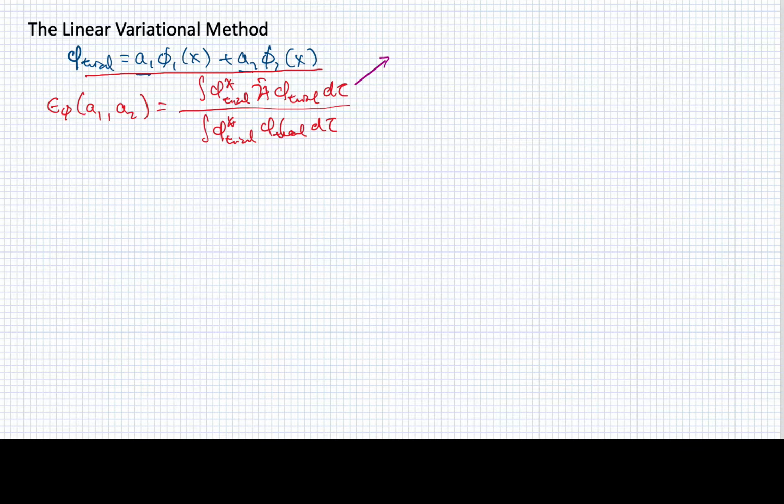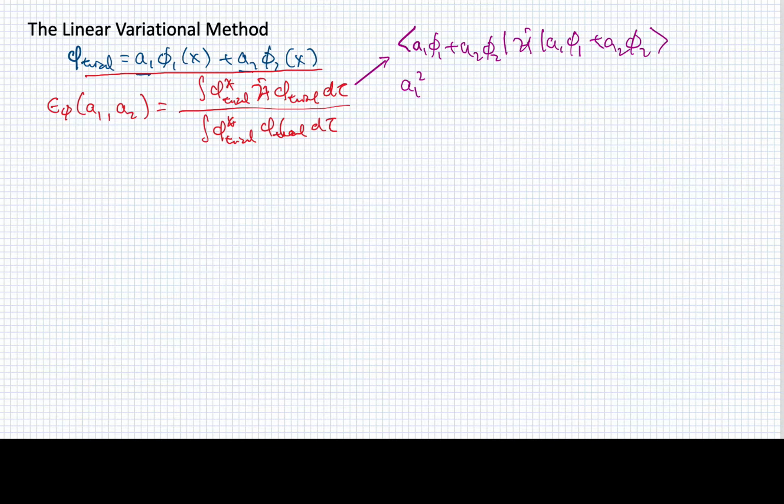Okay, so this is effectively taking A1 phi 1 plus A2 phi 2, h, A1 phi 1 plus A2 phi 2. So if I expand all of this out, I can show that what I'll get out of this is something that looks as follows.